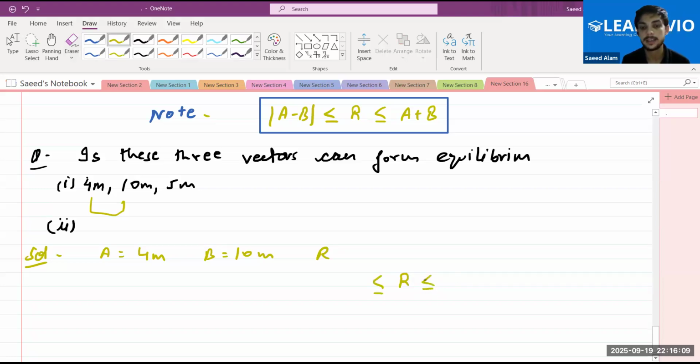Where is the R going to lie? In between A minus B and A plus B, yes or no? Yes. So what is A minus B here? We have to see the magnitude only, because I placed the bar over here. A minus B must be 6. That will be 6. And what will be A plus B, the sum of these two vectors?